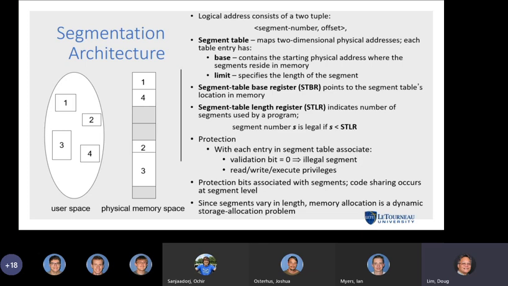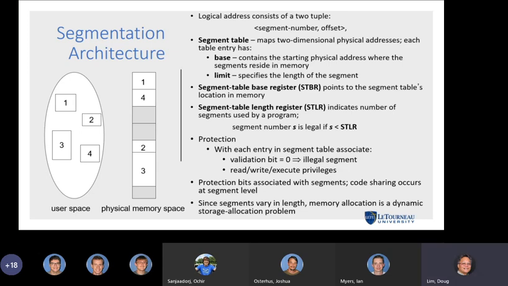This protection information is recorded in the segment table. The protection bits are associated with the segments, and code sharing occurs at the segment level. So again, you could have other processes go in here and record where their segments are.